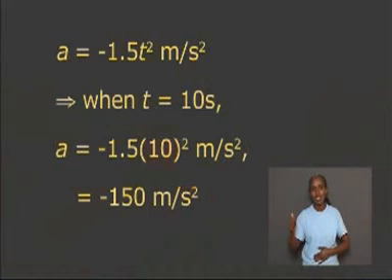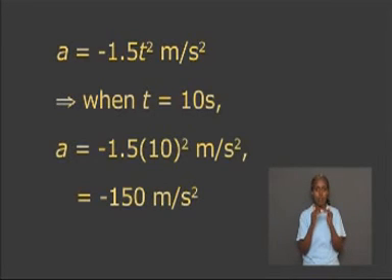Calculating the acceleration of the particle is not too difficult. If we define t as being equal to 10, it means that a is equal to minus 1.5 times 10.